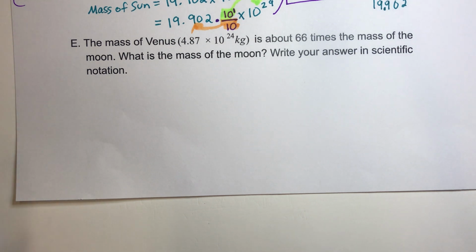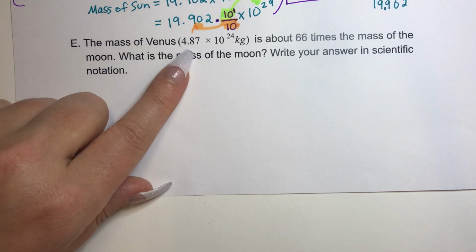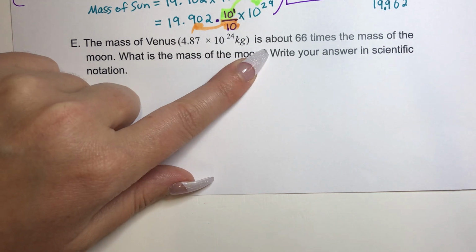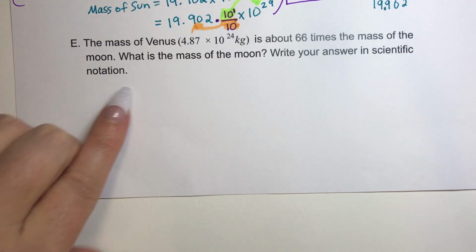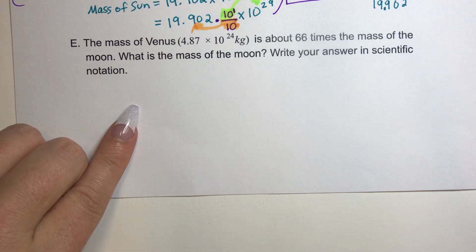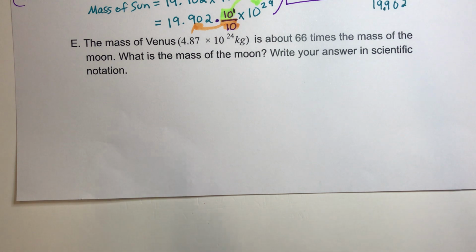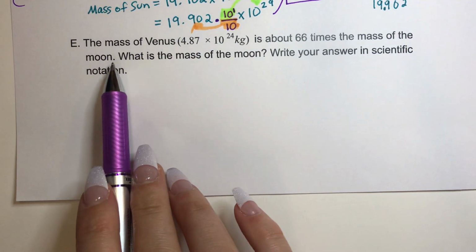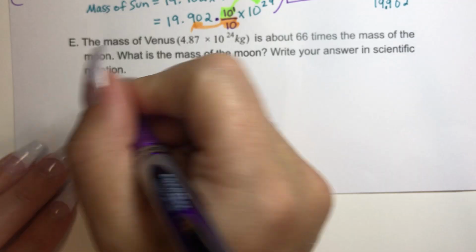Okay, let's see how you did. The mass of Venus is 4.87 times 10 to the 24th kilograms, which is about 66 times the mass of the moon. What is the mass of the moon? Write your answer in scientific notation. Okay, great. So what do we know is bigger? We know that Venus is bigger than the moon, so that's going to go on top.